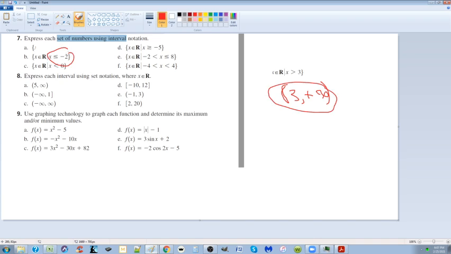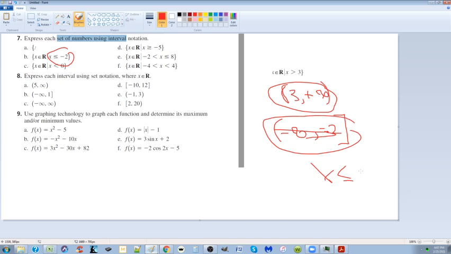How do you say smaller or equal to minus 2? Well, the left side is negative infinity, it's never included, comma, but minus 2 is included, so we use a square bracket. So that's minus infinity all the way up to minus 2, which is the same as saying x is smaller or equal to minus 2. How do you say x is smaller than 0? Same thing except round bracket: negative infinity, 0, round bracket, because 0 is not included.